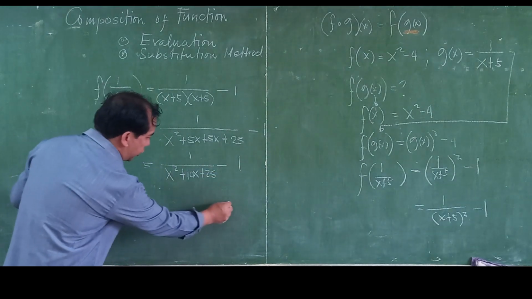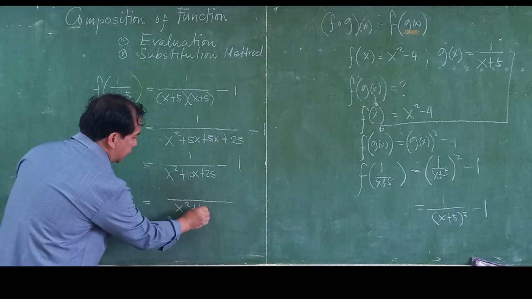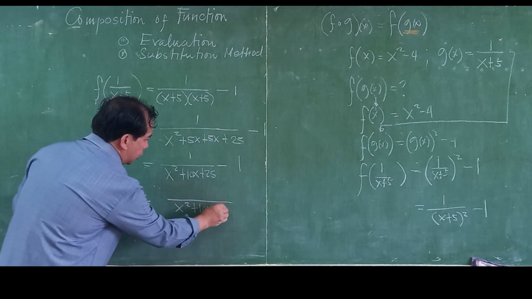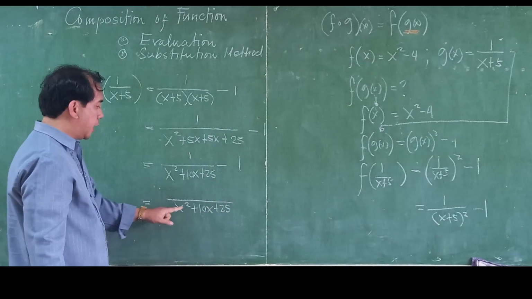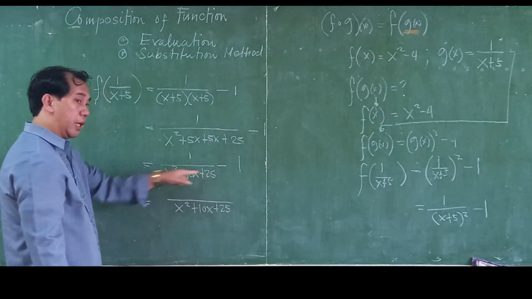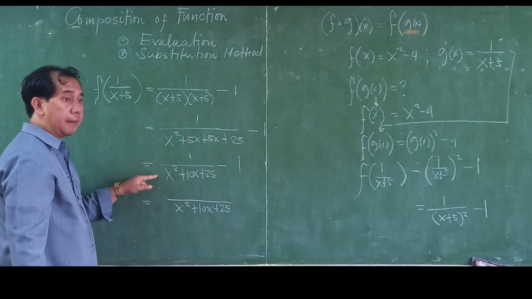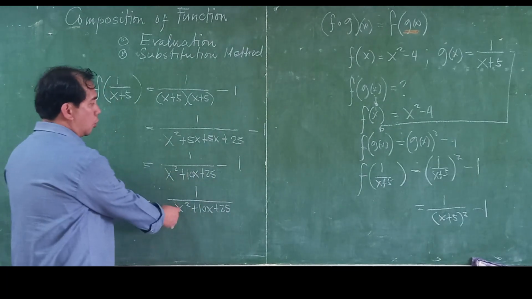Our LCD is our denominator. So x raised to 2 plus 10x plus 25. This trinomial x raised to 2 plus 10x plus 25 divided by design. So 1 multiplied by 1, and that is 1. So cross multiply.